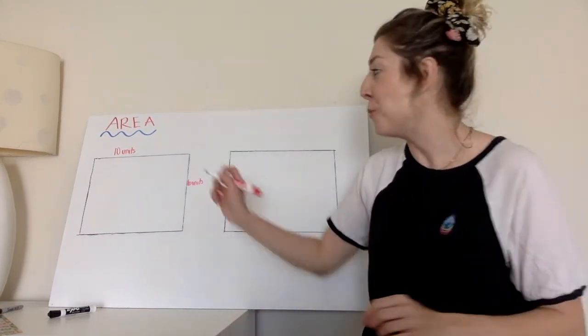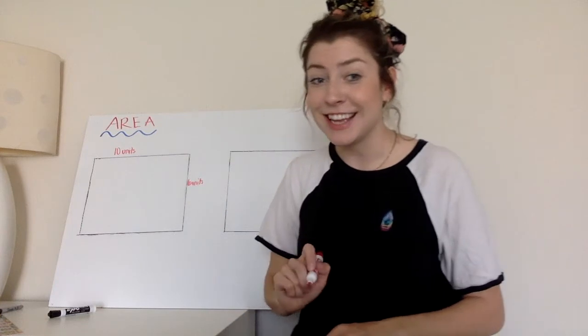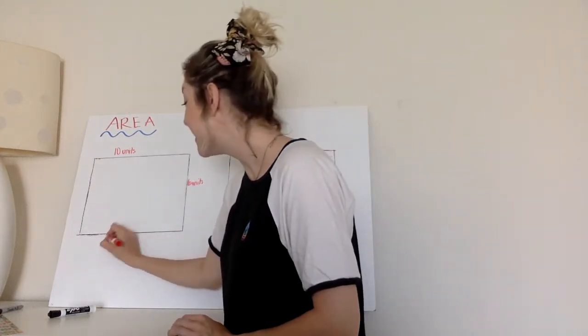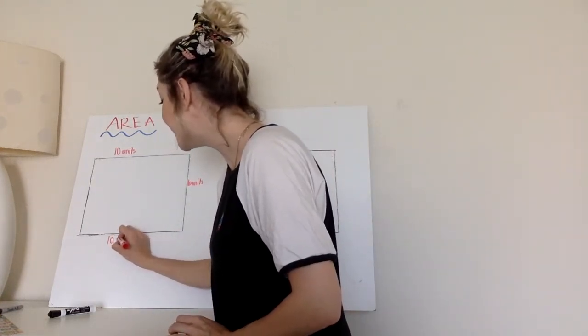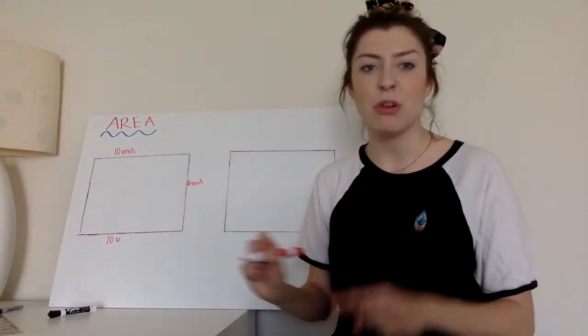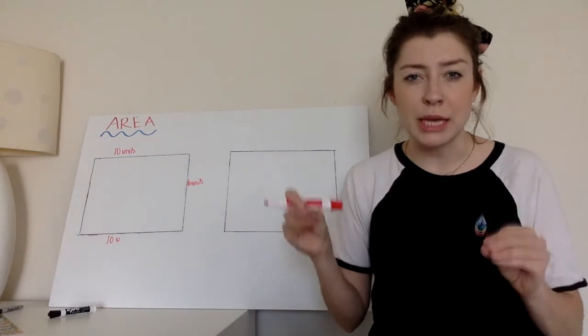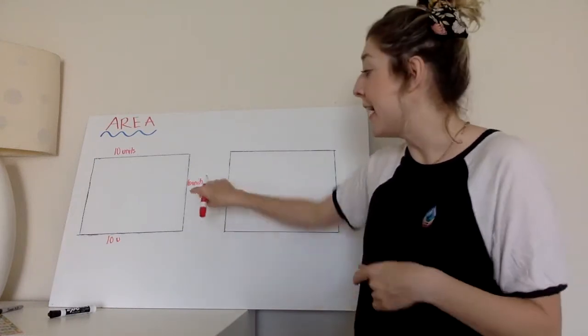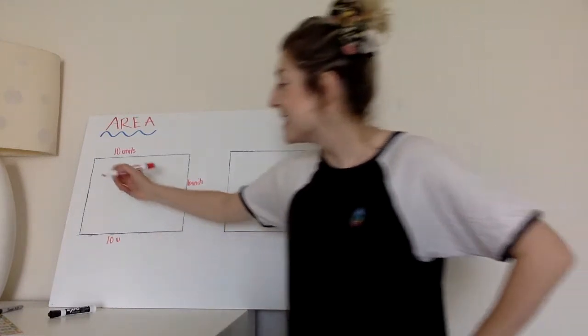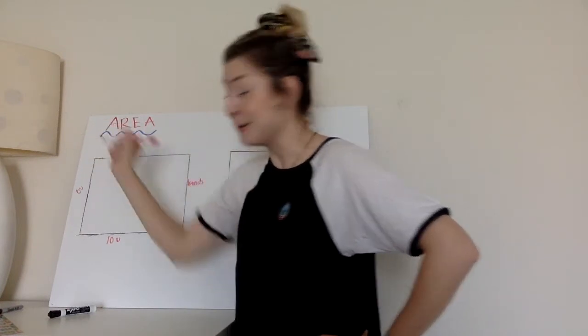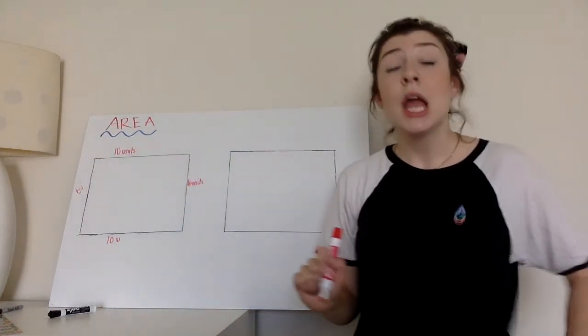So check it out. If this side is 10 units, this side is also 10 units. I wrote a little U just so we can keep moving forward, but remember, labels are very important. Now, if this side is 6 units, this side is also 6 units.